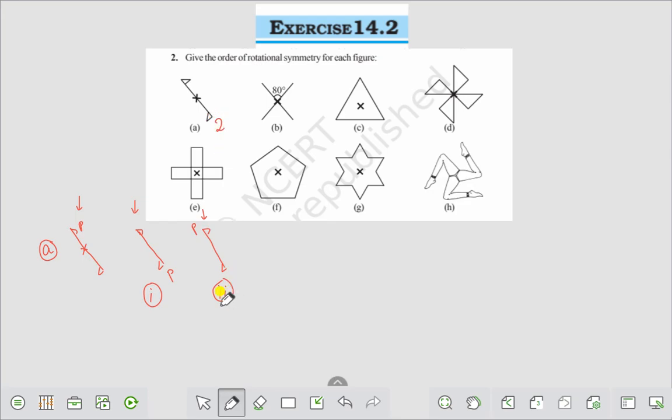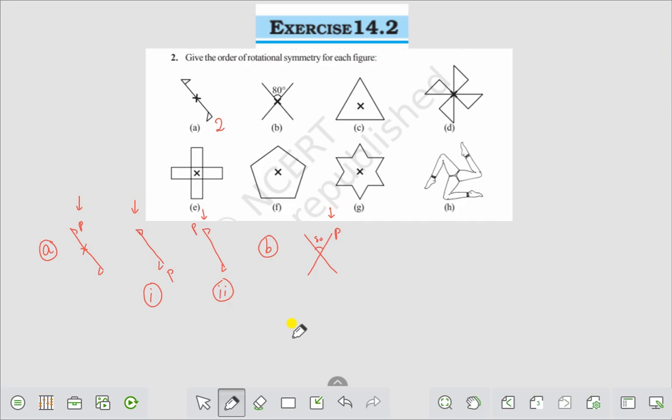Now the second figure you see here, that is question number B. Question number B is like this. This one and this one. This one is 80 degree. If we take this arrow and take a point P here, we have taken a point P here.